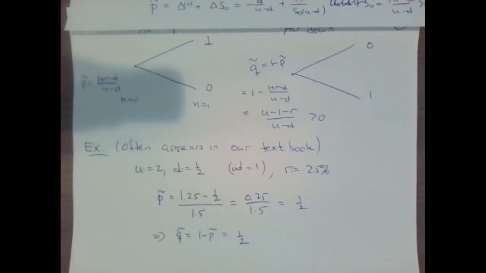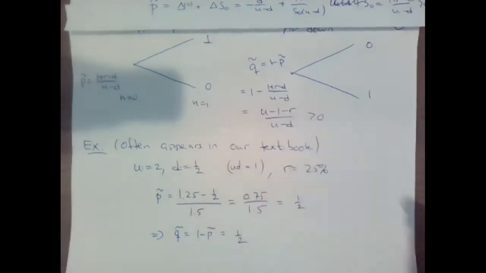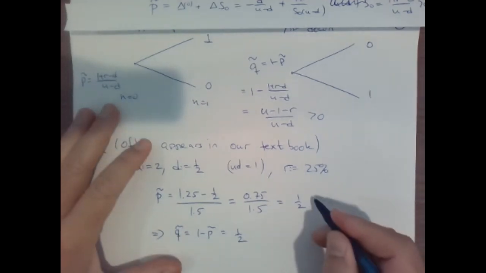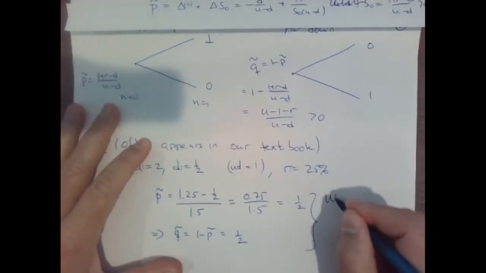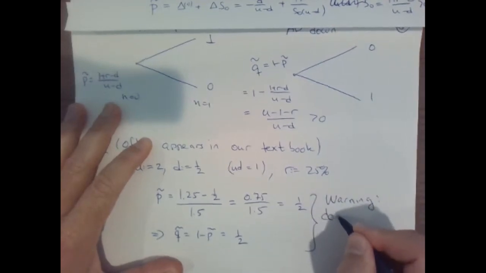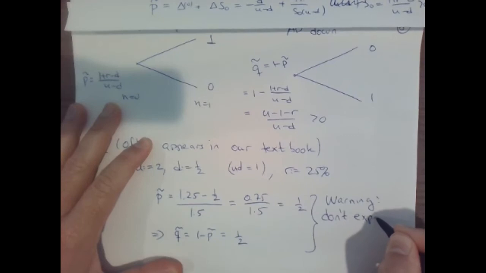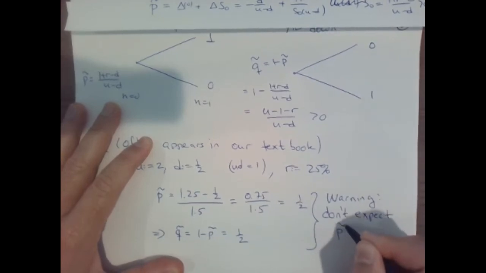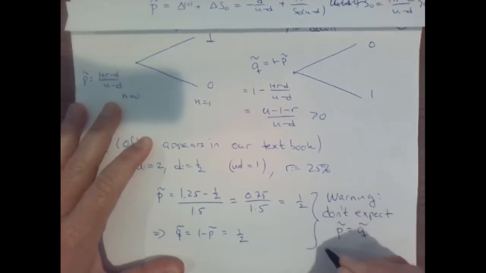These numbers here, I just took them from the textbook. This is both good and bad, right? So he likes these numbers, but this is just a warning. So don't expect P tilde to be Q tilde in general.